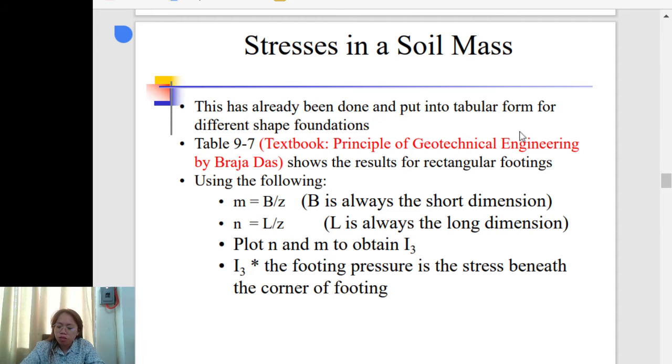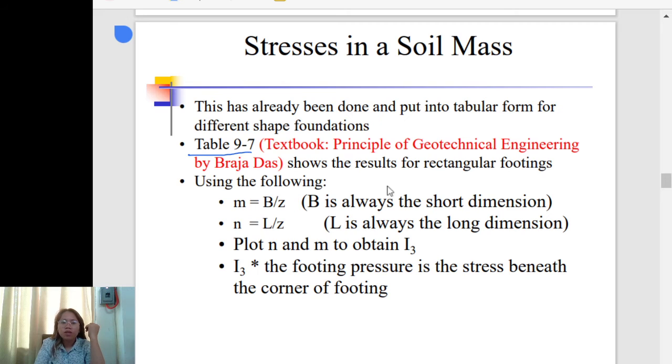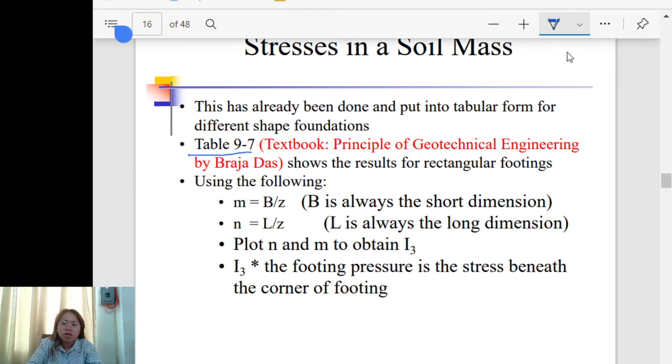As you noticed last week, I posted the textbook by Bowles, the principle of geotechnical engineering. Table 9-7 shows the results for the rectangular footing using the following: M is equal to B over Z. B is always the short dimension.